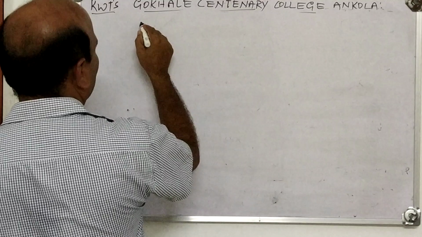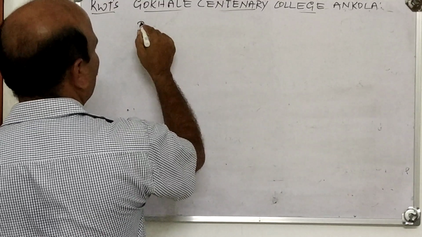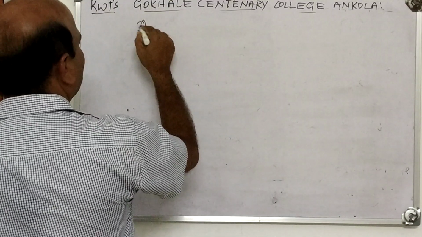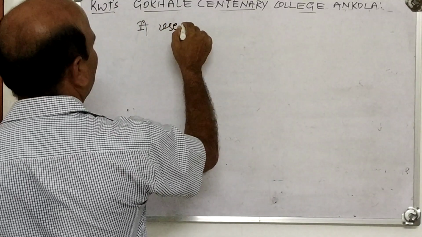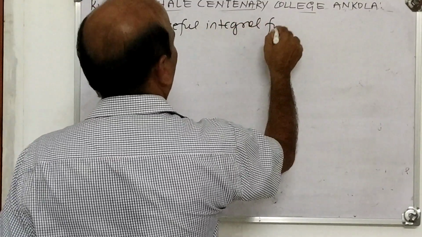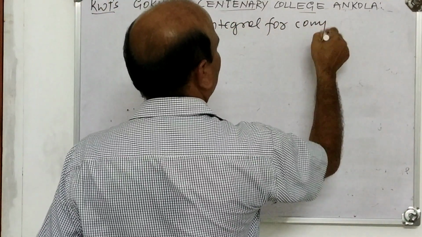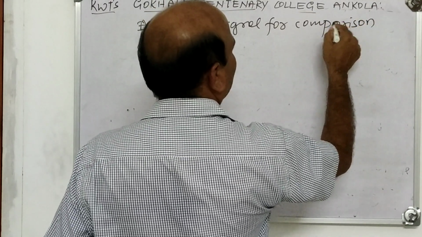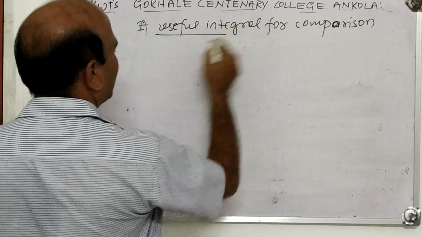We require one more integral here to apply the limit comparison test. We take this as a useful integral for comparison. Comparison test means we require some integral for comparison.